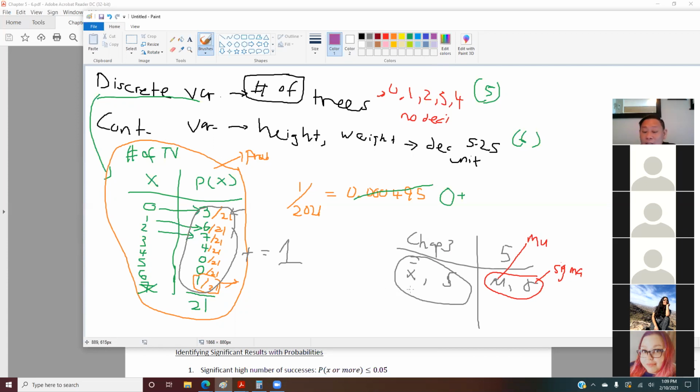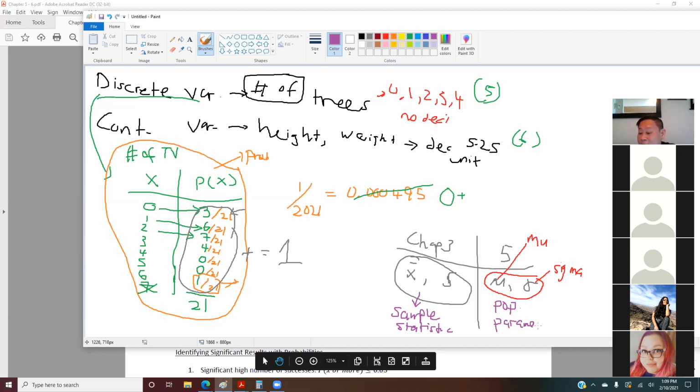And this is the reason why in chapter 3 we use x bar and s: because this is about a sample. Samples and population. And from a sample, we call this a statistic. This is not from a sample. This is from what? Population. And we call it a parameter.